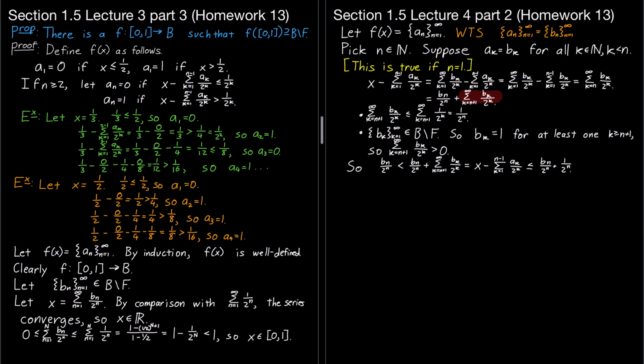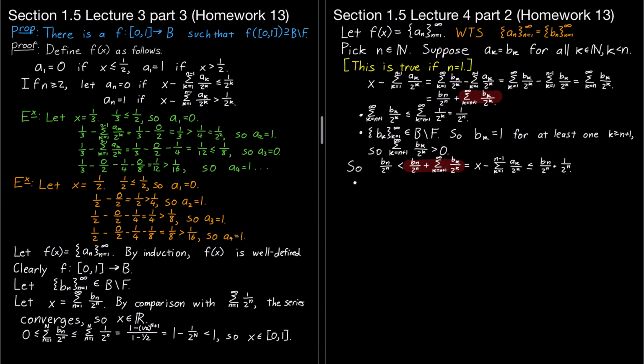Same argument, you just slap this term in between again, and then your tail, your sum from n plus 1 to infinity, is now less than or equal to 1 over 2 to the n.